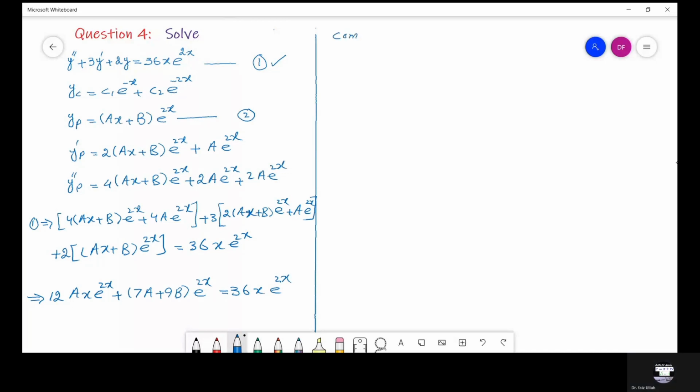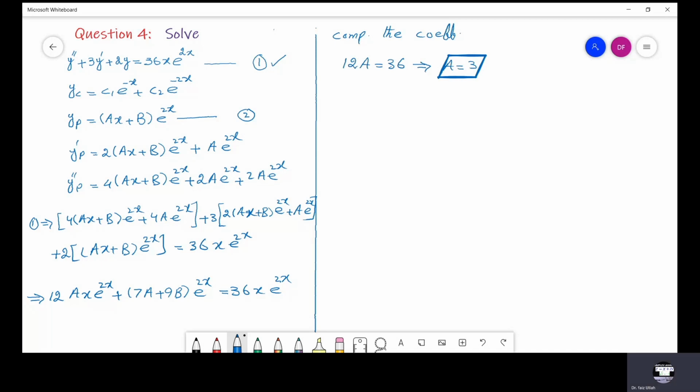Comparing the coefficient of x e power 2x and e power 2x, we have on the left hand side the coefficient of x e power 2x is 12a. And on the right hand side, the coefficient of x e power 2x is 36. If we simplify this, we get a is equal to 3.